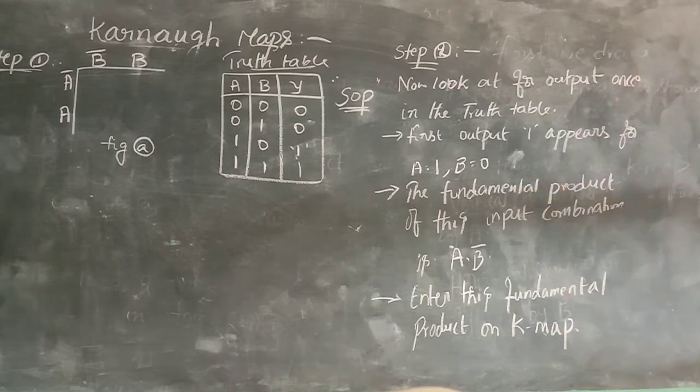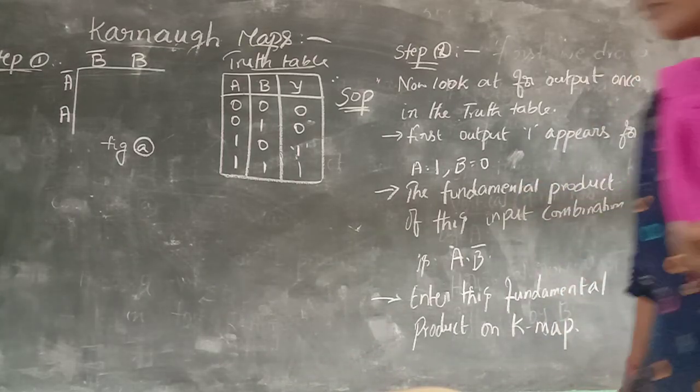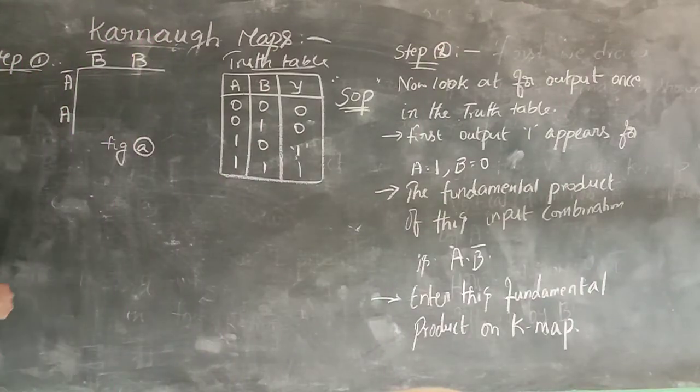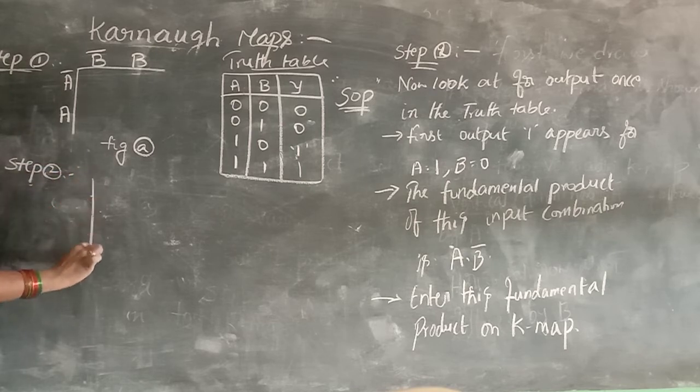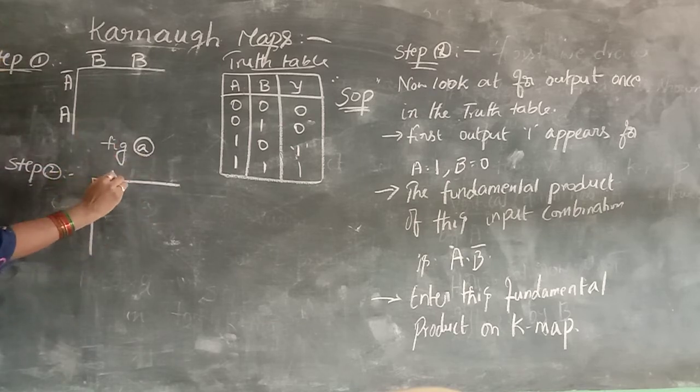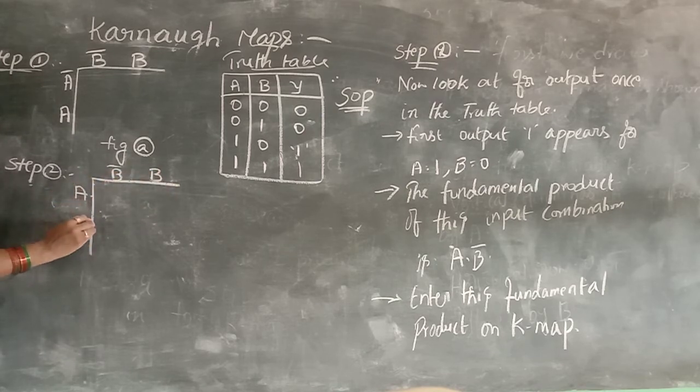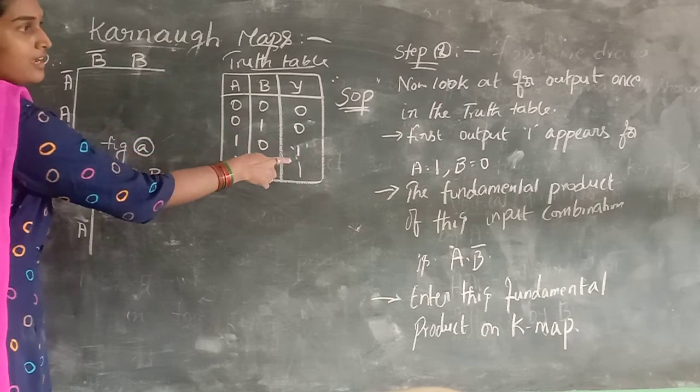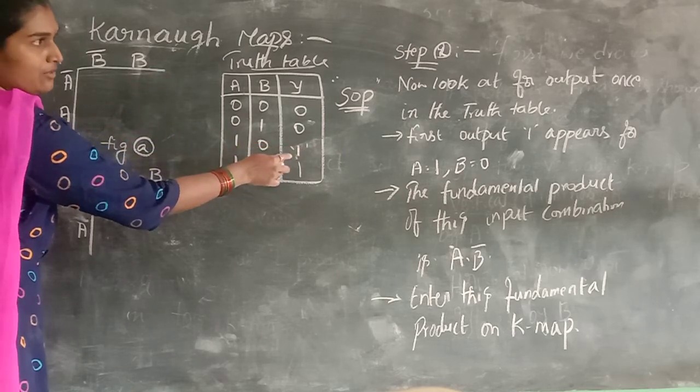This is step 2. Already step 1 is completed up to the horizontal row and vertical column, A bar A. Coming to the second step, now look for the output ones.